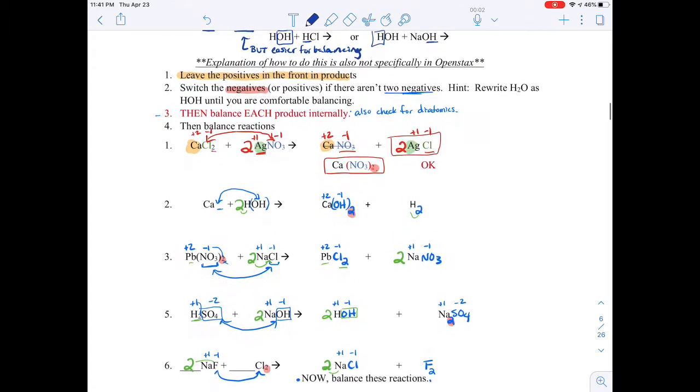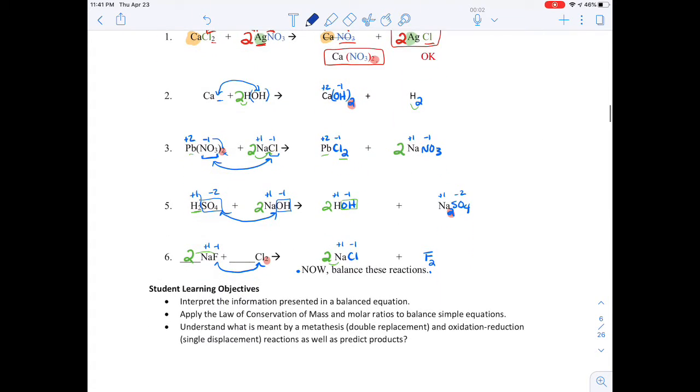Now this is where we talked about how to go about making products. So in these cases, I left the positive thing in place, and you switched where the negative thing was, or you can leave the negative thing in place and switch where the positive thing is. But this was a single displacement. Again, you have an element and an element.